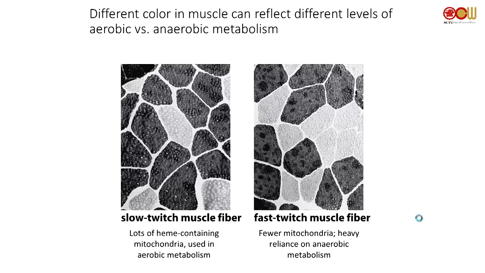And remember, anaerobic metabolism is quicker. So your fast twitch muscle fiber can generate ATP faster, and then you use ATP for muscle contraction so that you run faster. That's a good example of how this works.